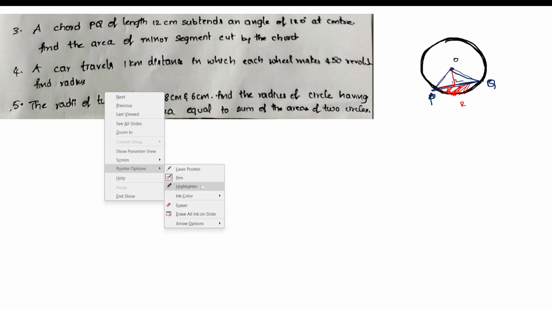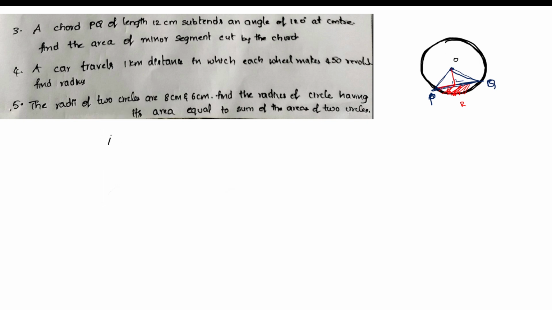The area of the minor segment is given by the area of the sector minus the area of the triangle. The area of the sector is theta by 360 into pi r square, and the area of the triangle is half times r square times sine theta.